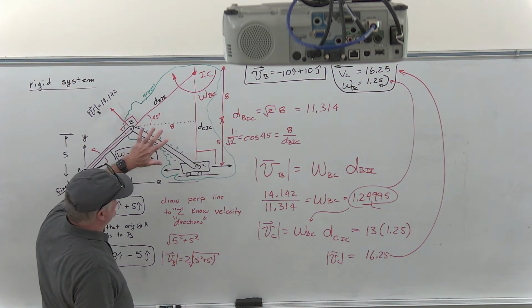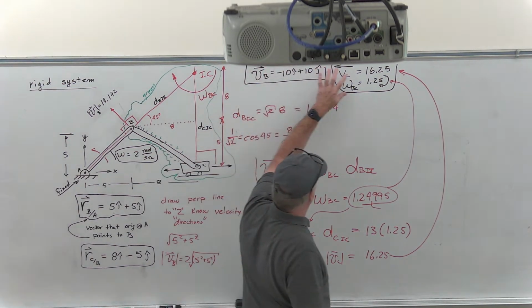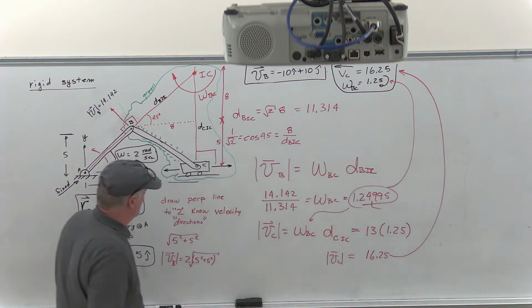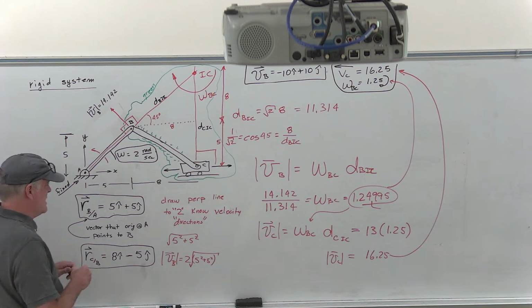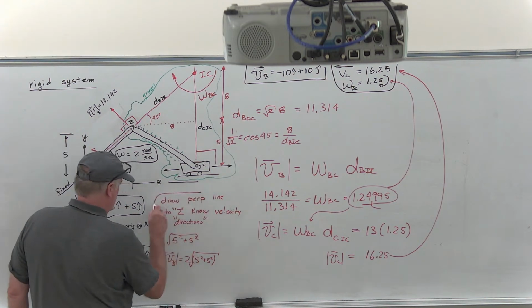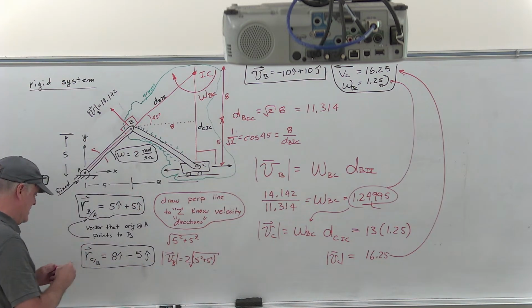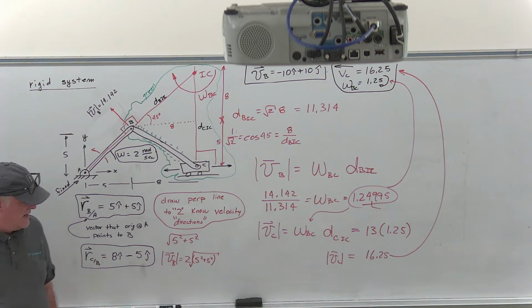They're completely independent in their approach. This is a vectored approach, and this is an instant center type approach. Both of them come with the same answer. You have to be careful of how you put your drawing together, and that's pretty much it. So that covers most of that, and we made it just to the end of the period.